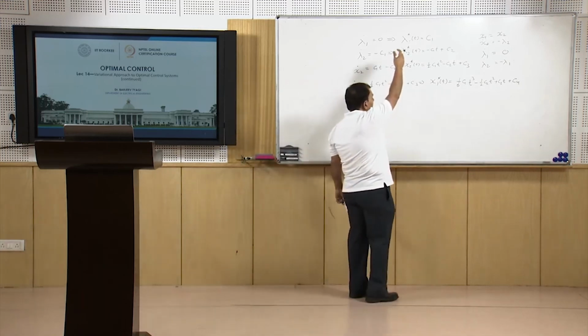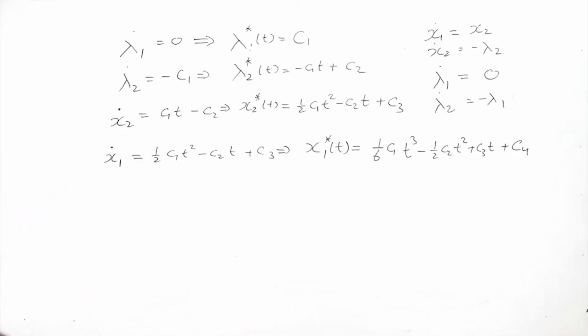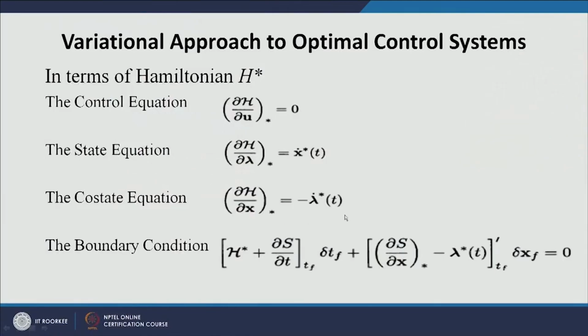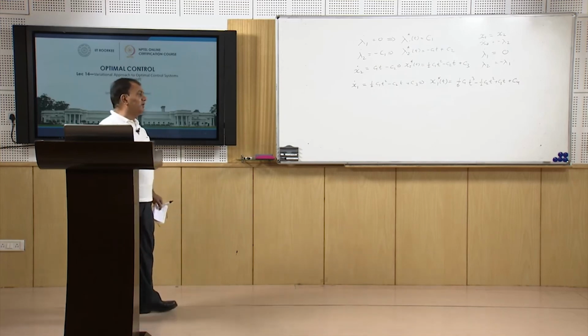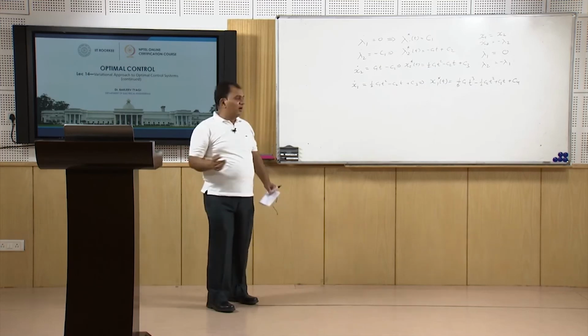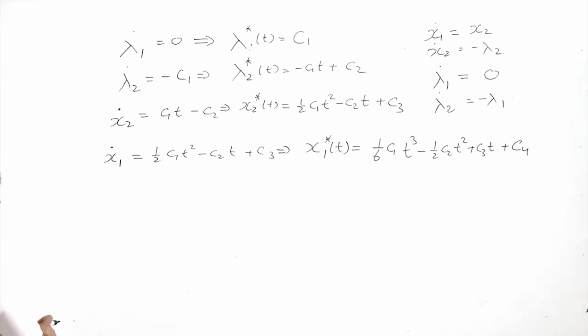Next, these set of equations we got simply by solving the first three equations. Now, to determine the values of all the constants C1, C2, C3, C4, we have to utilize the boundary conditions, and the boundary conditions depend on what type of case we have. We will consider one case here, although these conditions can vary.